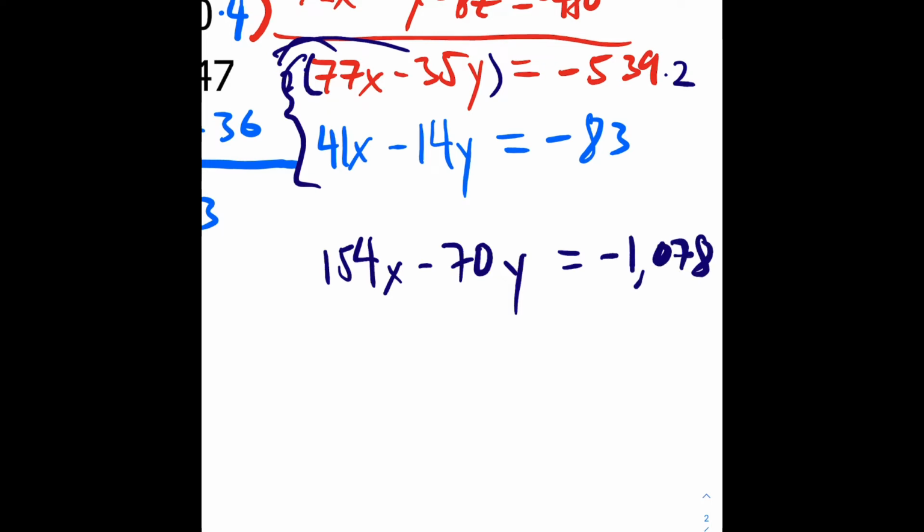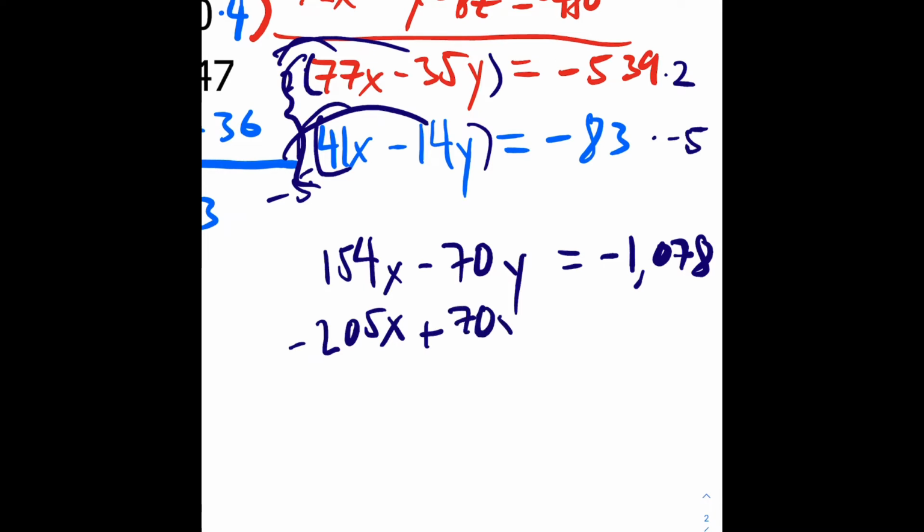And then this bottom equation right here, I'm going to multiply by negative 5 on both sides. Negative 5 times 41 is negative 205x. Negative 5 times negative 14 is positive 70y. That equals negative 83 times negative 5.